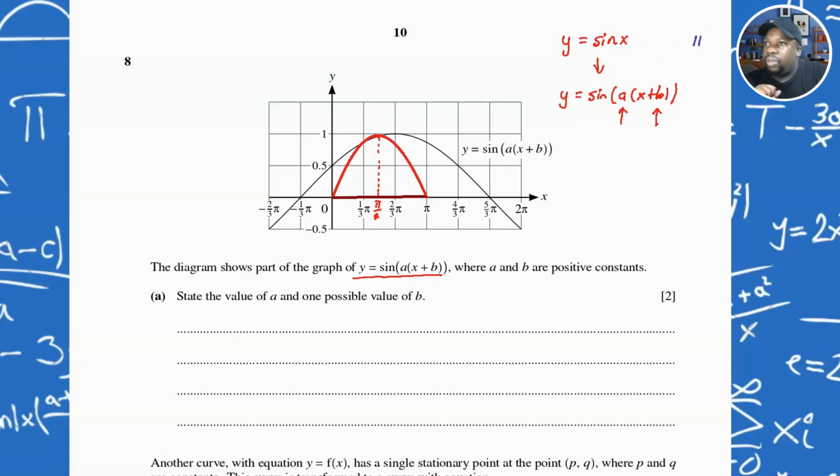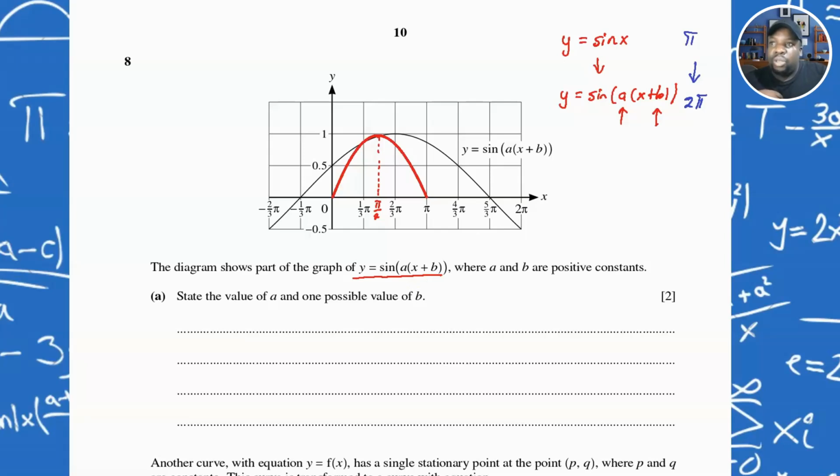Okay, let me just remove this. So pi, and now it has actually widened to 2 pi. All right, so this is a stretch of times 2. How do we express it in the sine function?